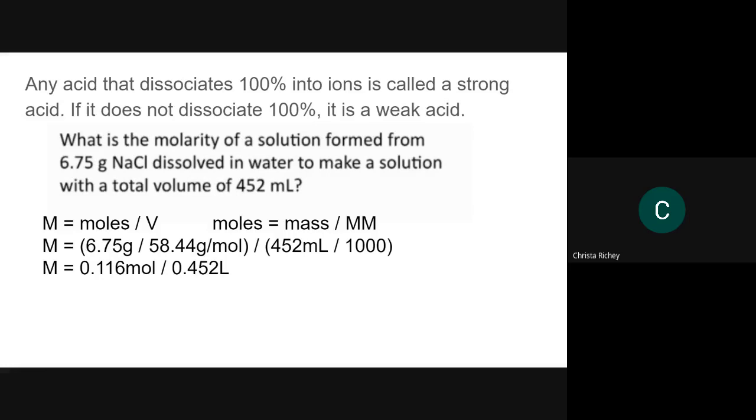I just went 3 numbers after the decimal. And then I'm going to move the decimal 3 to the left to change it to liters. Then I can do moles divided by liters. And my molar concentration of this sodium chloride solution would be 0.256 molar. Technically, these capital M's should be underlined, but I didn't do that.